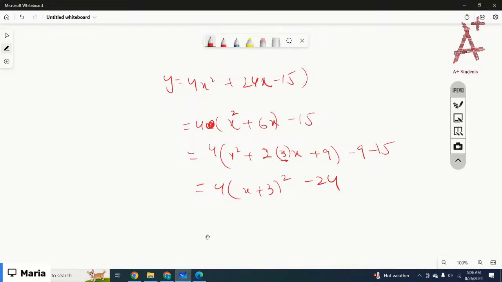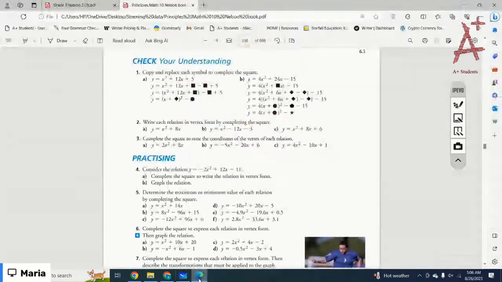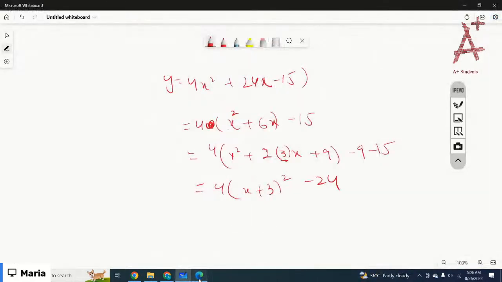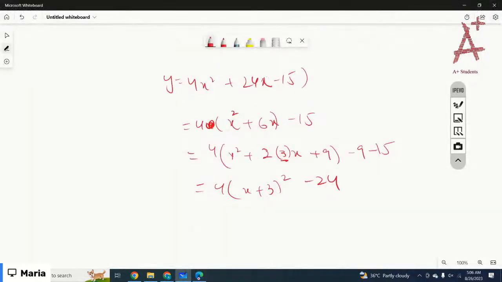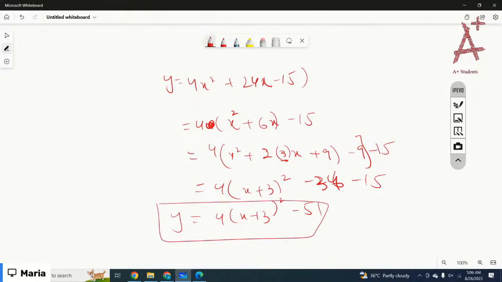So that means the missing value is x plus 3 whole square and minus 24, right? No, no, no. You have to multiply this 9 also with 4. So 4 times 9 is 36, and minus 15. So it would be 4 times x plus 3 whole square and negative 36 minus 15 is negative 51. This is the equation, right?